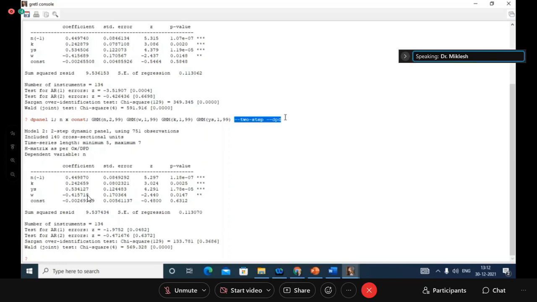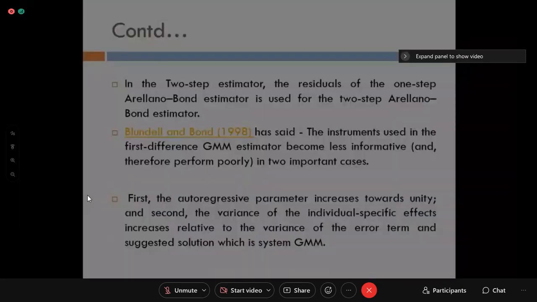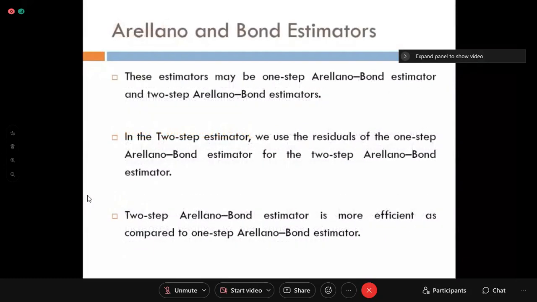How? Look, I have mentioned it in the PPT. These estimators may be the one-step Arellano-Bond estimator and the two-step Arellano-Bond estimator. See the second sentence of the second point: in the two-step estimator, we use the residuals of the one-step Arellano-Bond estimator for the two-step Arellano-Bond estimator.